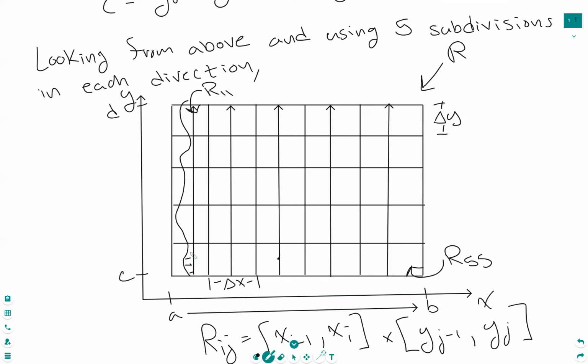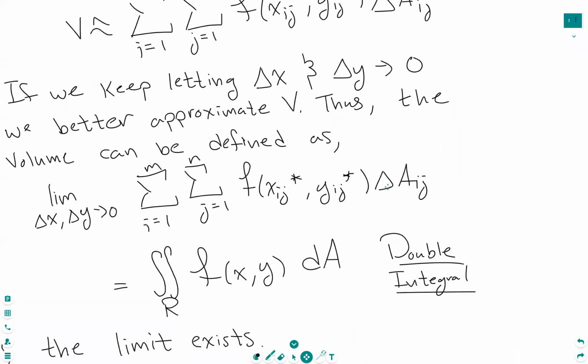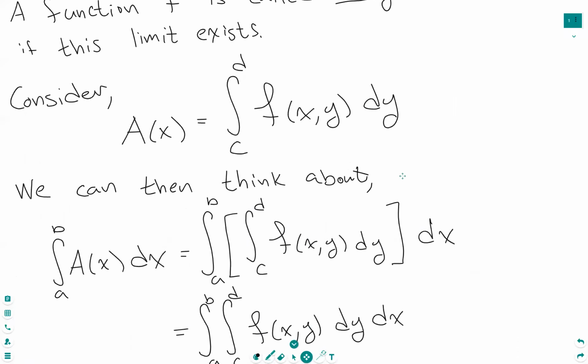For any fixed value of x, I now have just this trace that has an area. And then I add up all of those areas and I accumulate a volume. So that's kind of the machinery of what's going on here.